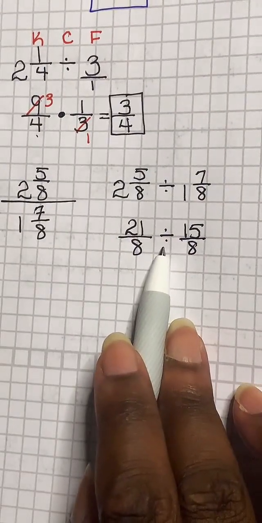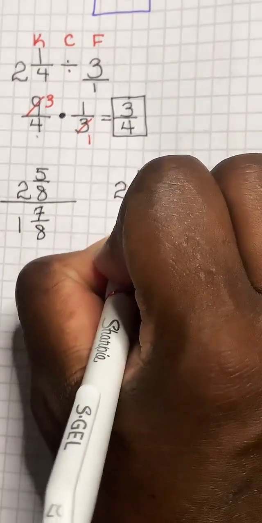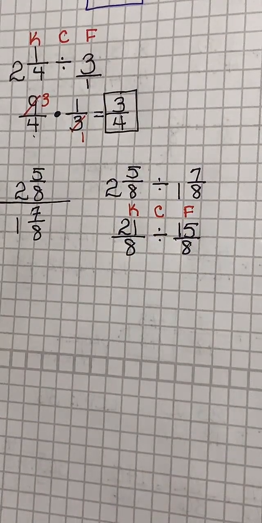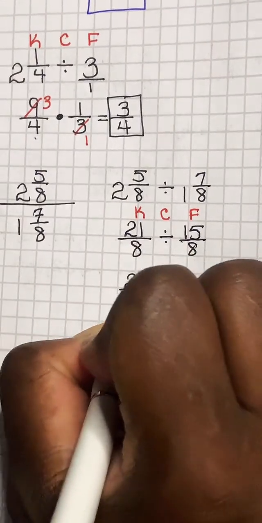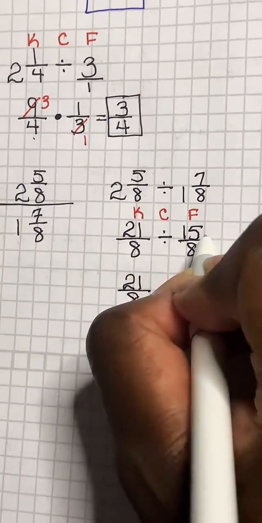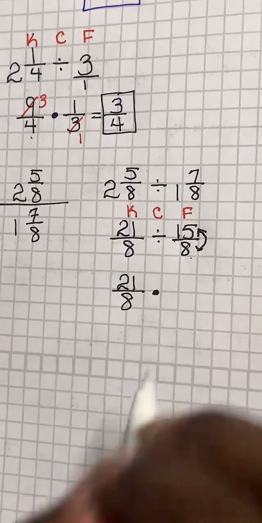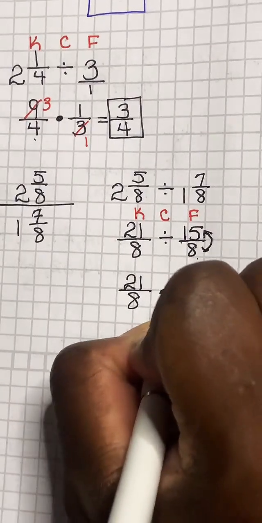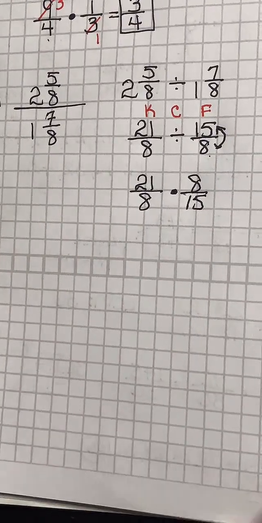But since we have a division, we're going to do our keep, change, flip. So we're going to keep the 21 eighths, change that division to multiplication, and then flip or do the reciprocal of that second fraction, which is 8 fifteenths.